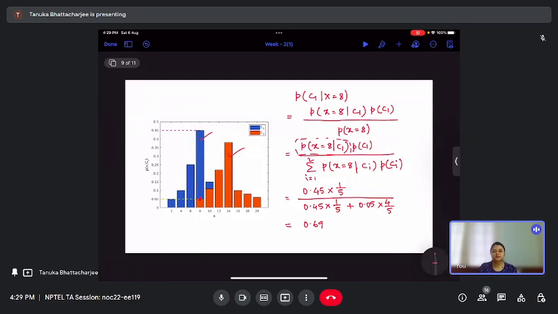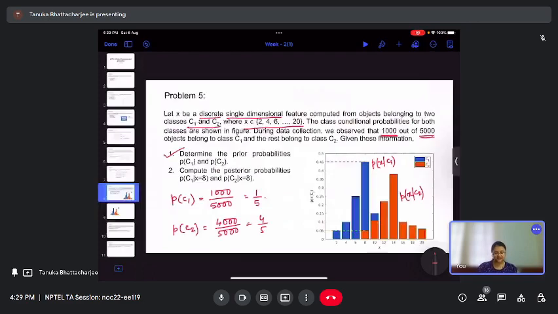Now the other part was to compute the posterior probability of class C2 given x equal to 8. We can proceed similarly.